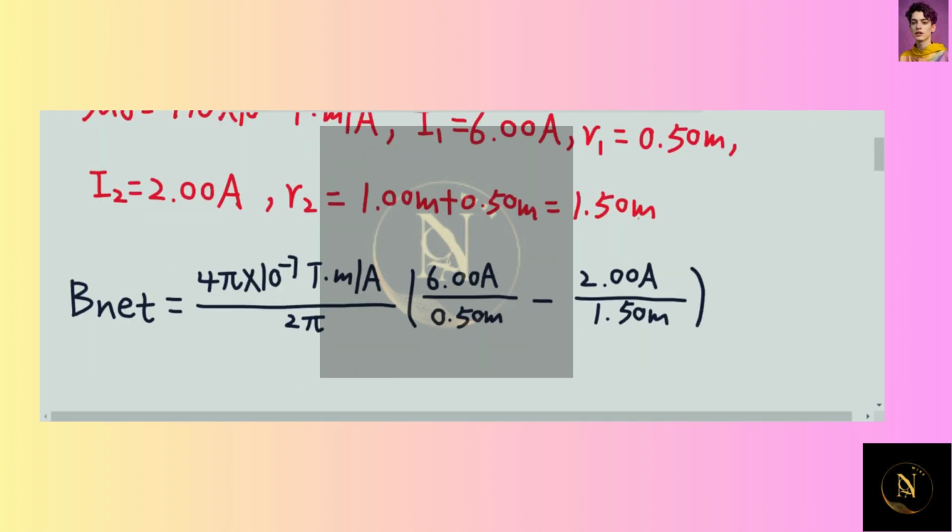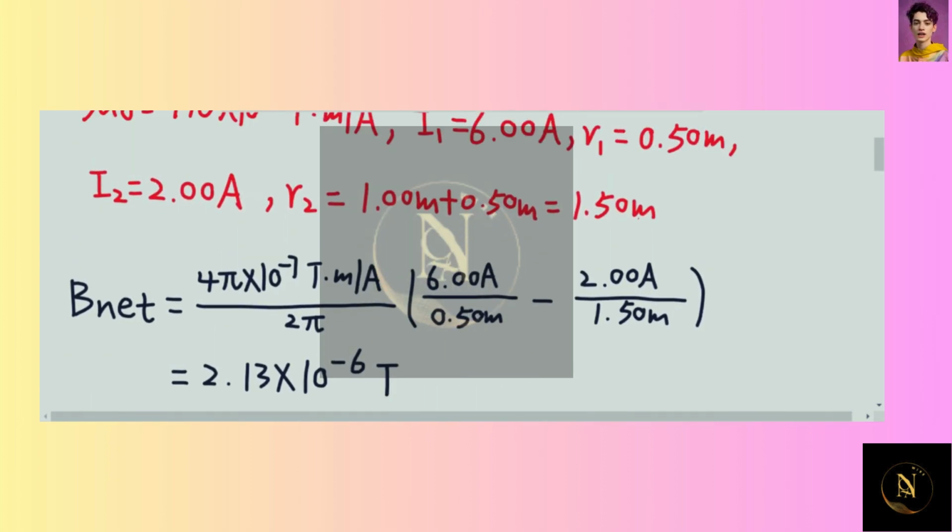And this will give us the net magnetic field at point Q of about 2.13 times 10 to the power of -6 Tesla.